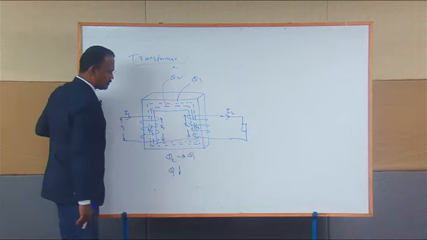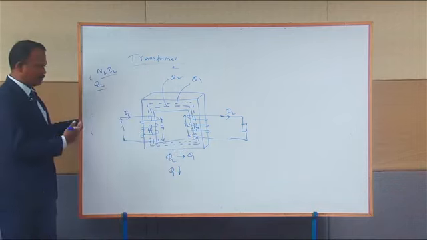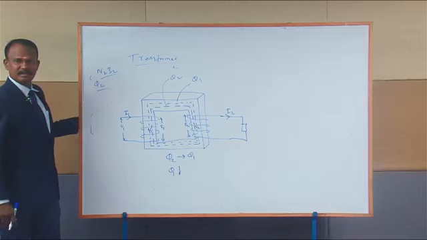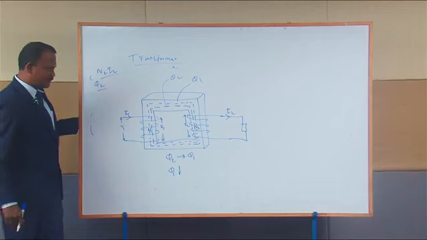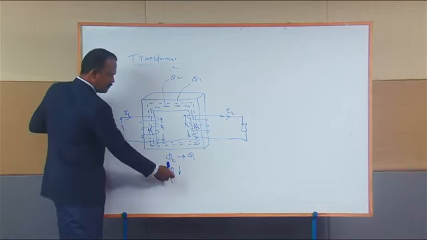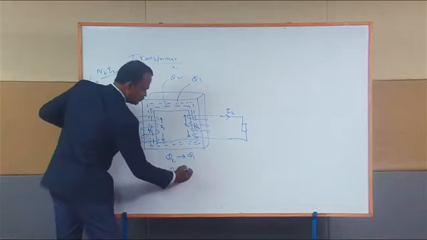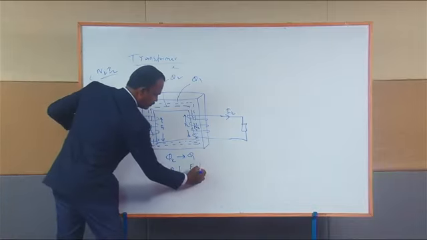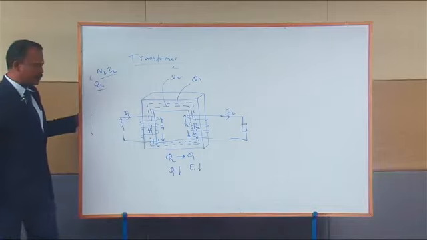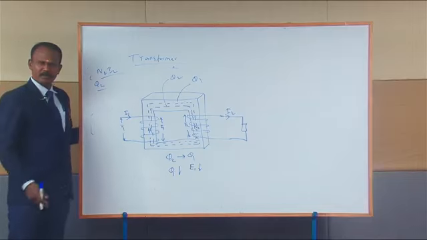Both E1 and E2 purely depend upon the value of the flux phi. So when the magnitude of phi 1 decreases, what happens? The induced EMF E1 will also get reduced, because E1 purely depends upon phi 1.